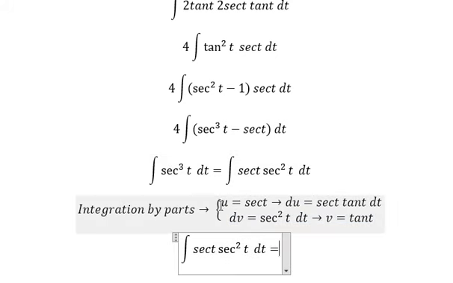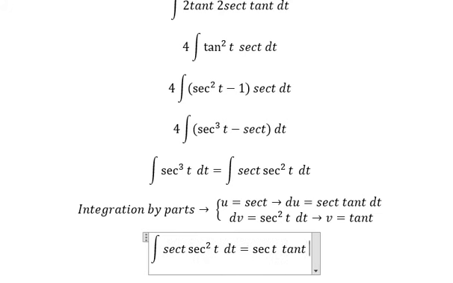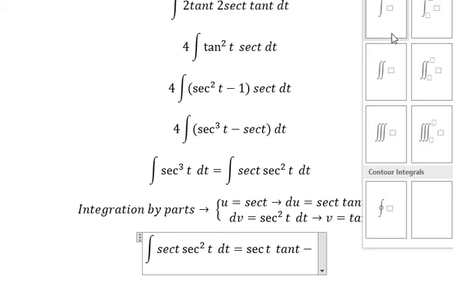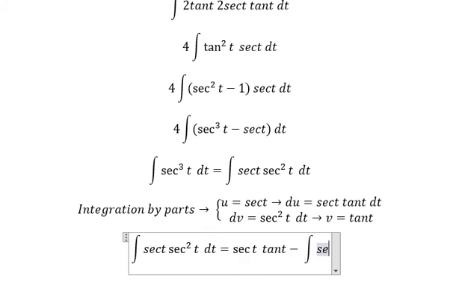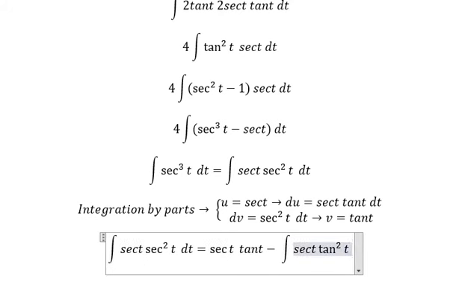So we got u multiplied with v, and we have du multiplied with v, and you need to have the negative sign in here. And we got secant of t tan t square dt.